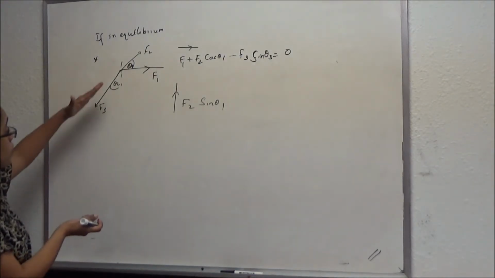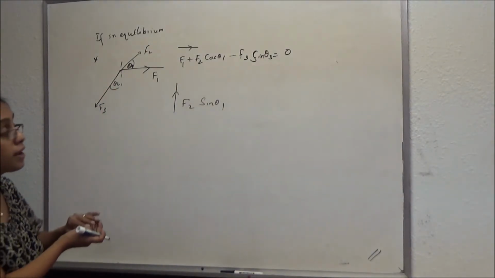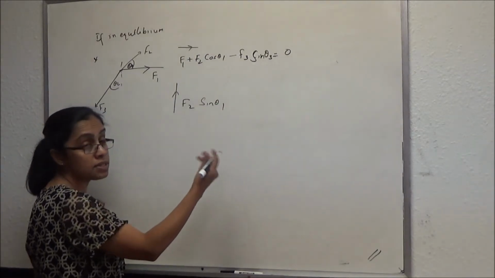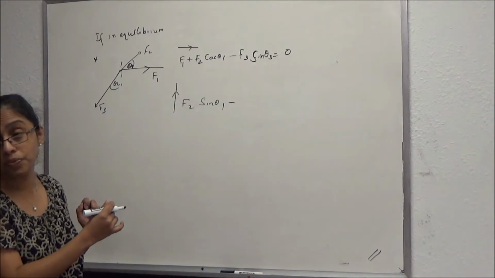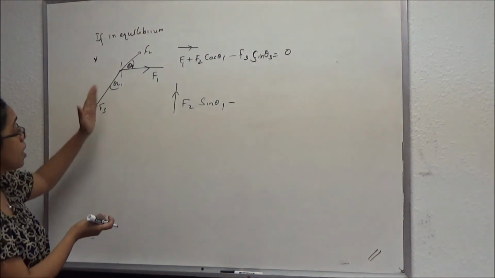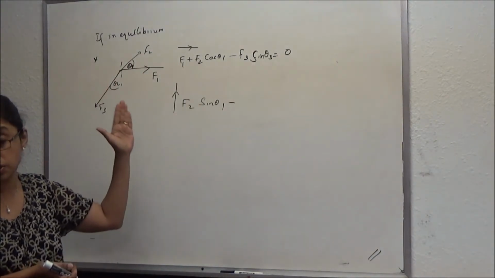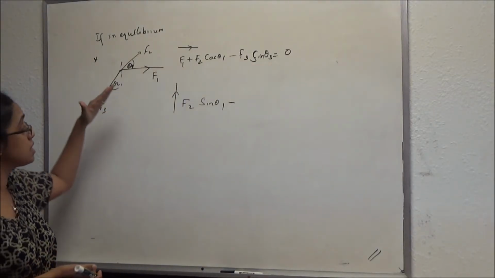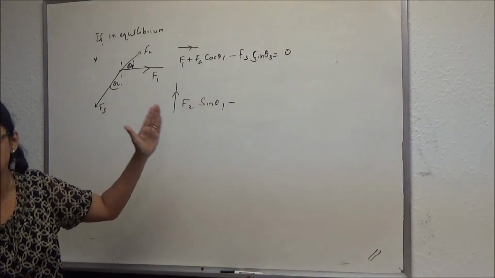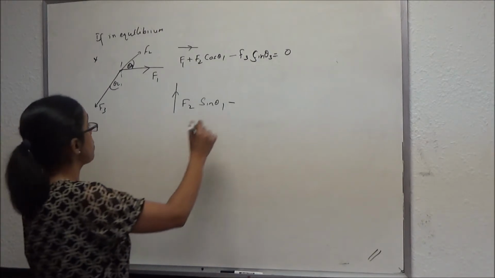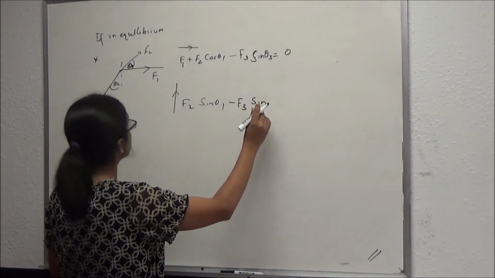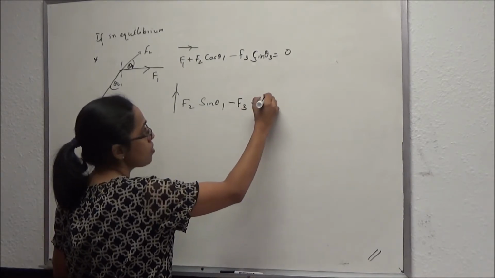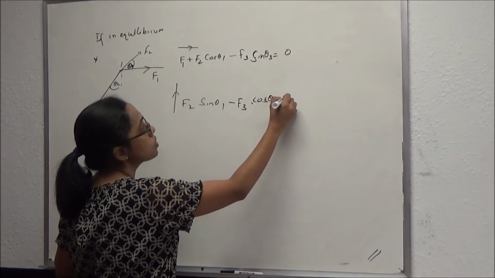Yes. What should the sign be? Negative, because I have selected the upward direction, but it's closing downwards. So negative F3 cos theta 2 equals 0.